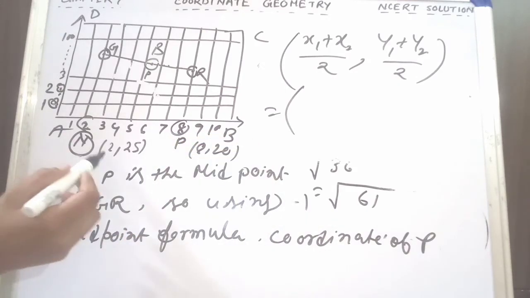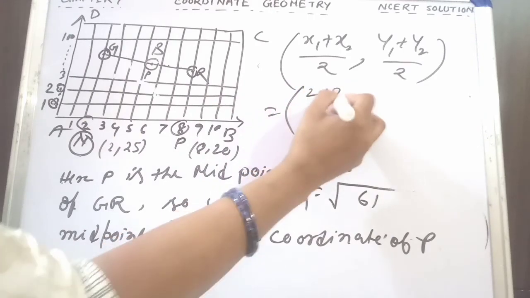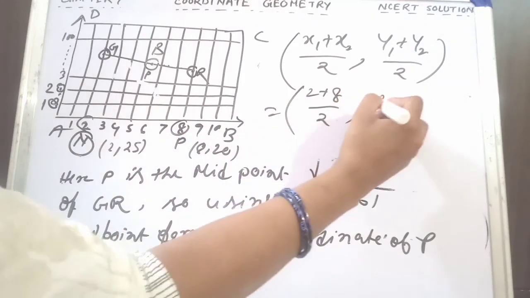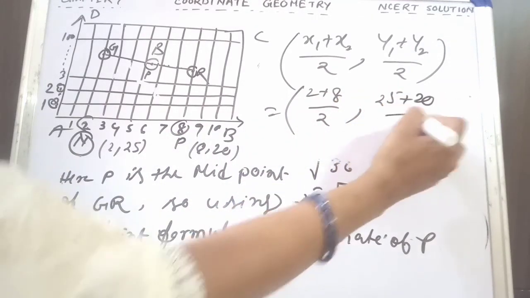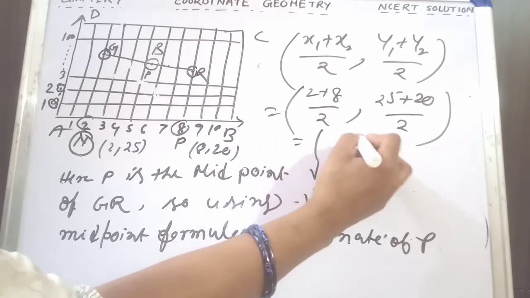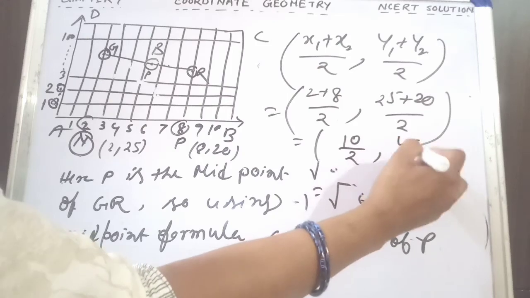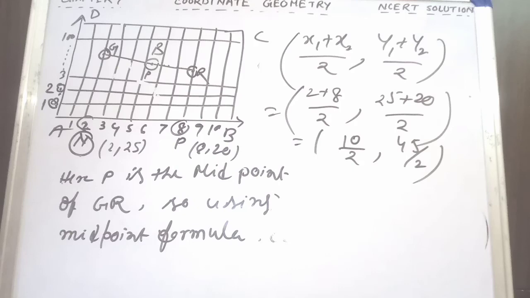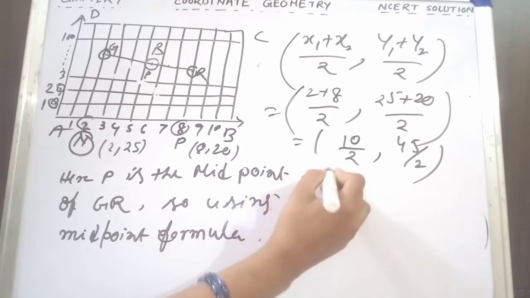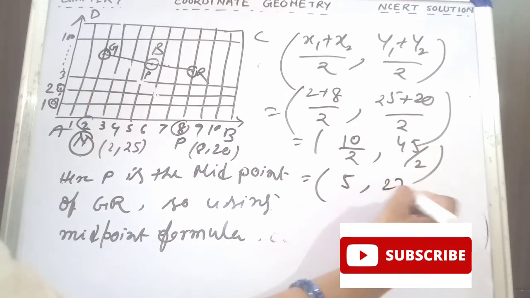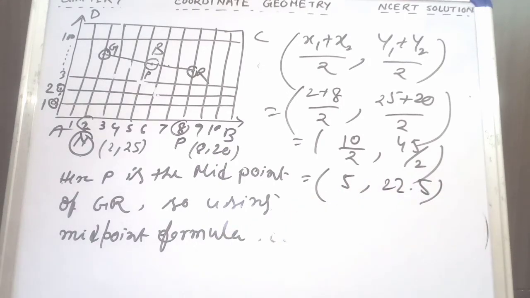So x1 plus x2, that means 2 plus 8 upon 2, and y1 plus y2, that means 25 plus 20 upon 2. 10 upon 2, 45 upon 2. That means 5 comma 45 upon 2, that means 22.5. So that's the coordinate of P, this point.